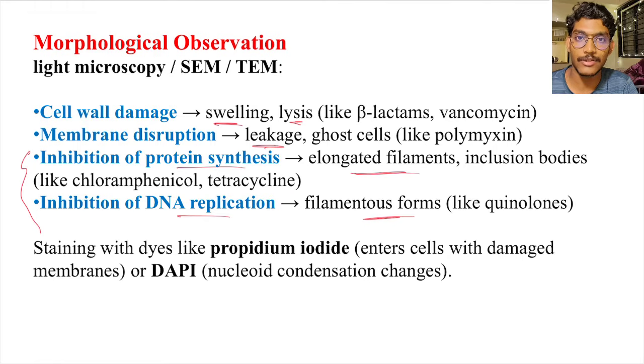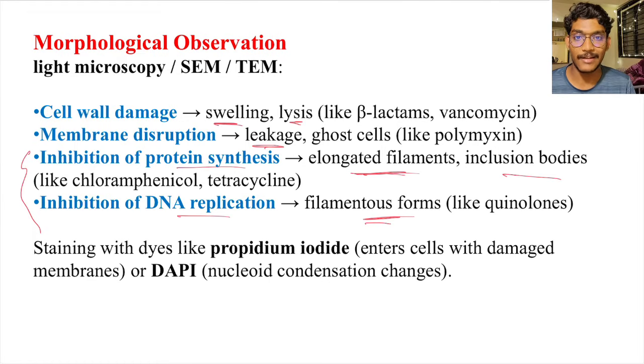So those proteins will not be synthesized and the bacteria will be unable to divide. But still, with the help of other proteins, the bacteria can grow. Therefore, there will be elongation of filaments and inclusion bodies. There will be formation of certain filamentous forms because of the growth.